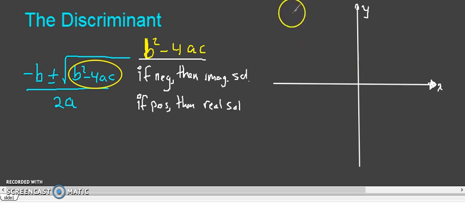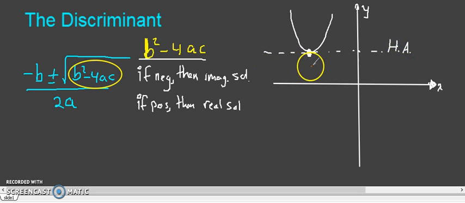But as we were seeing earlier, what if you have an equation like this? The bottom of it's right here, and it doesn't go down any further than this. There's a horizontal asymptote here. It doesn't go any further than that.